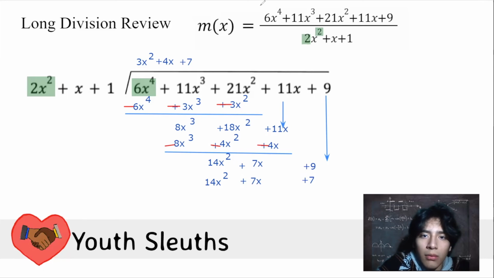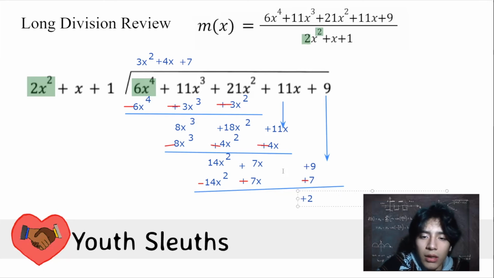Lastly, we multiply by -1, so all the signs change. And then we can combine. Here we get 0, here we get 0, and we are left with +2.